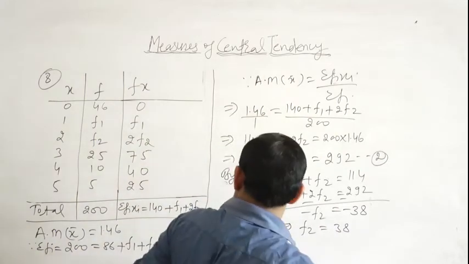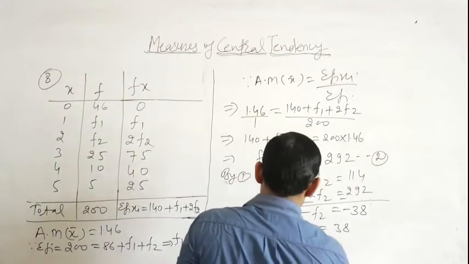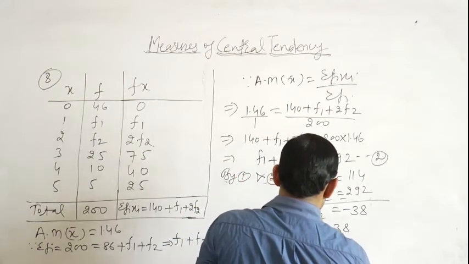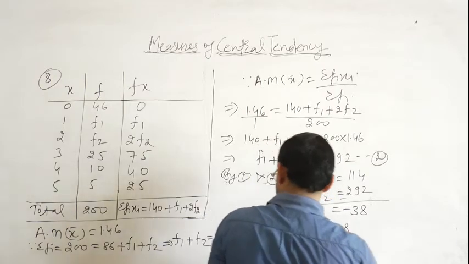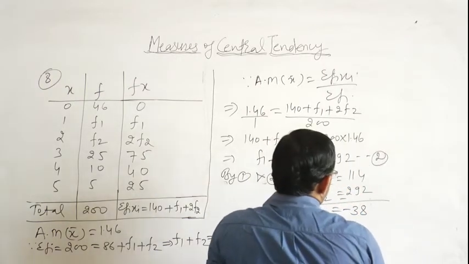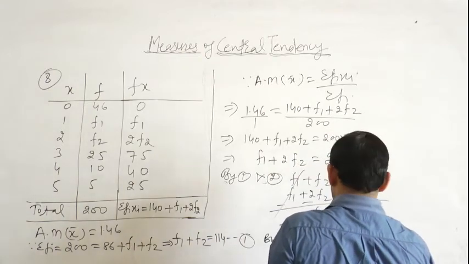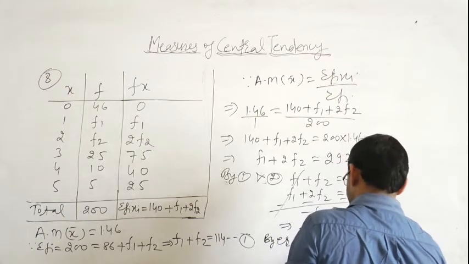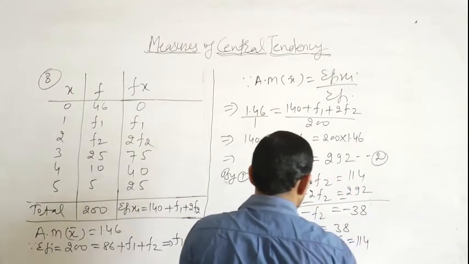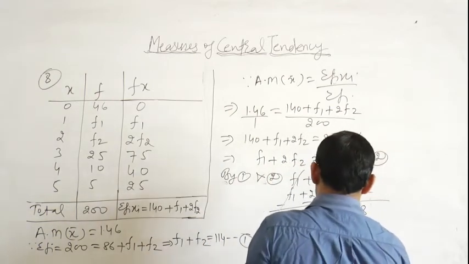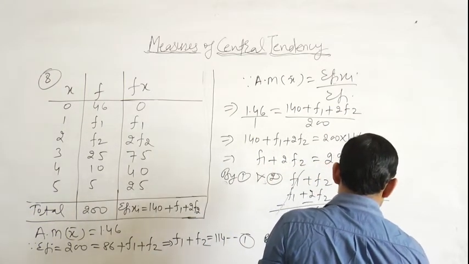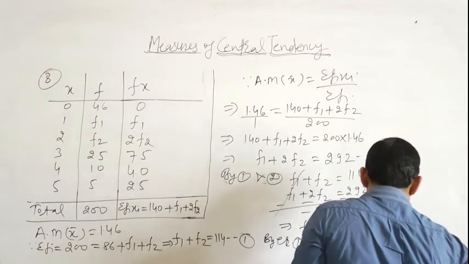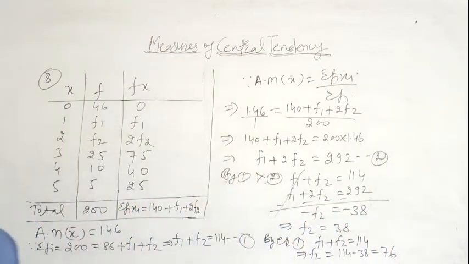By equation first, f1 plus f2 is equal to 114, then f1 is equal to 114 minus 38, that is 76.